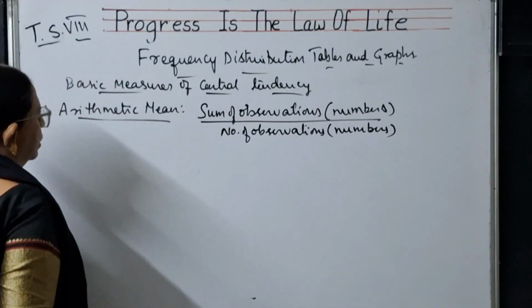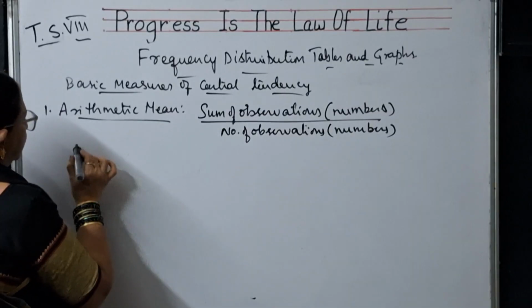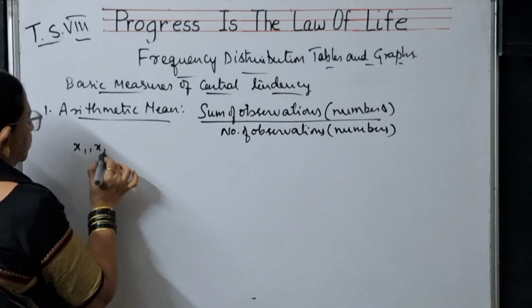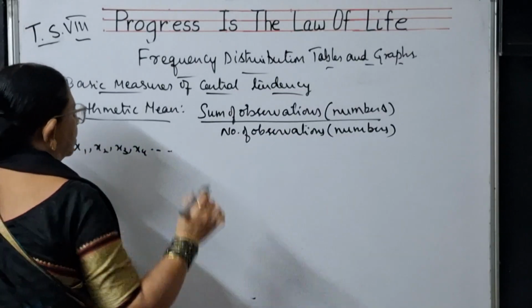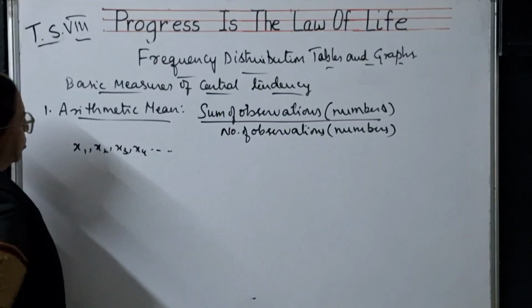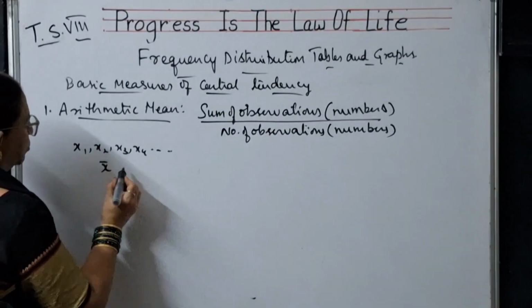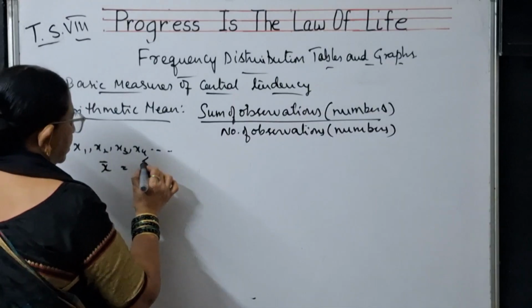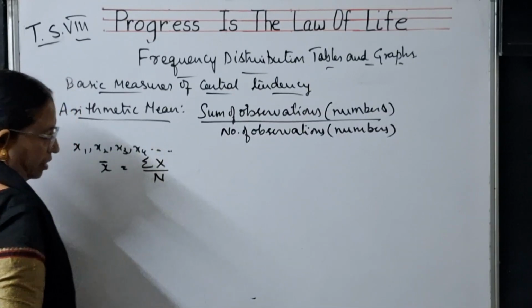Suppose you have got certain values given to you, which is called data: x1, x2, x3, x4, and so on. Its arithmetic mean, if you want to find out, is written as x bar. This is equal to, the formula is, sigma x by n.